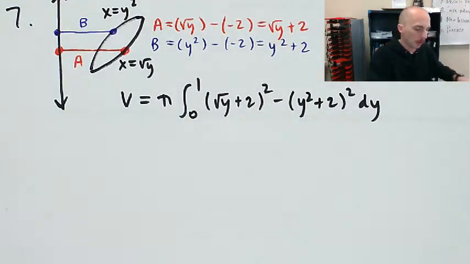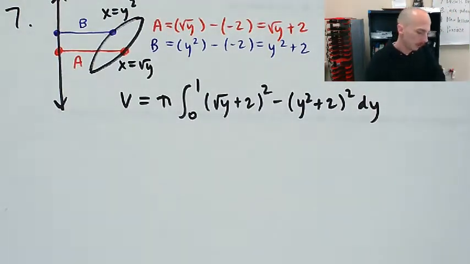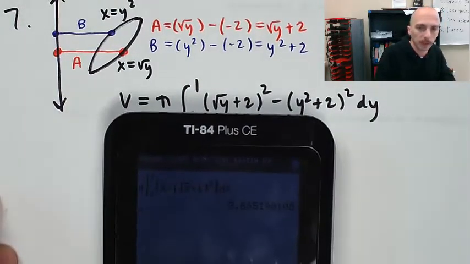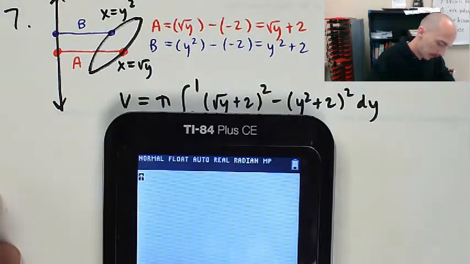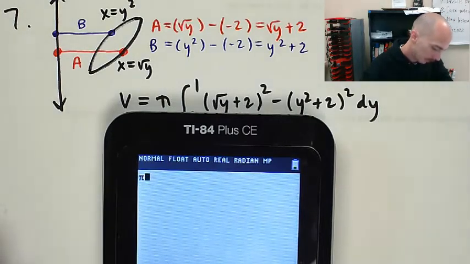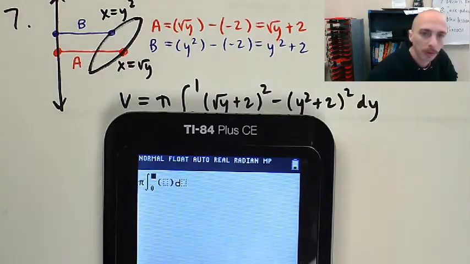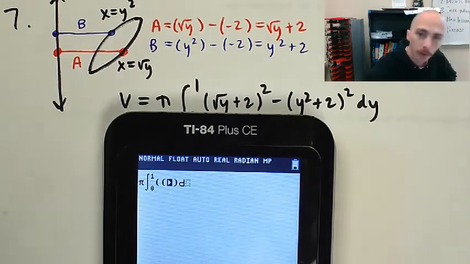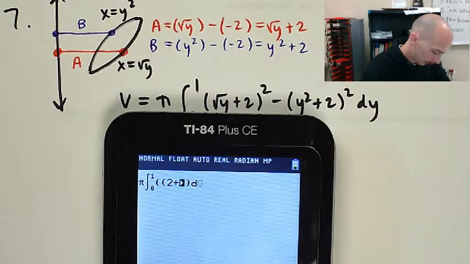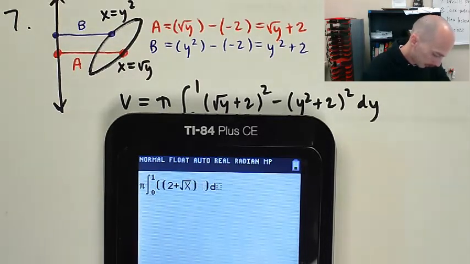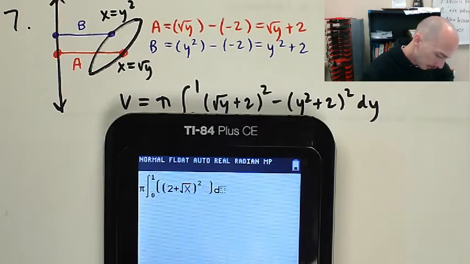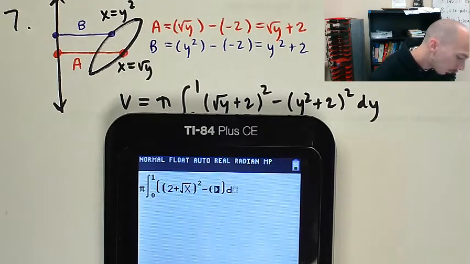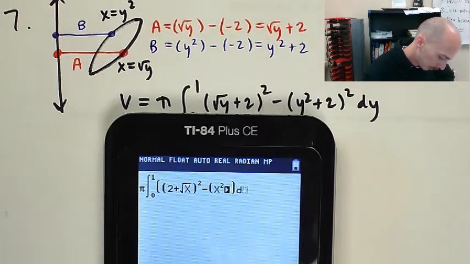Okay, this is another one that's just a lot of algebra, and for the sake of time, I'm just going to bring in the calculator: pi times the integral from y equals 0 up to y equals 1 of (square root of y plus 2) squared minus (y squared plus 2) squared dy.